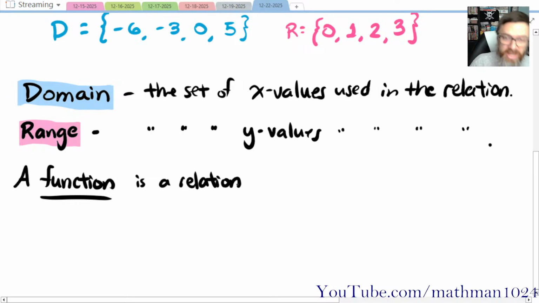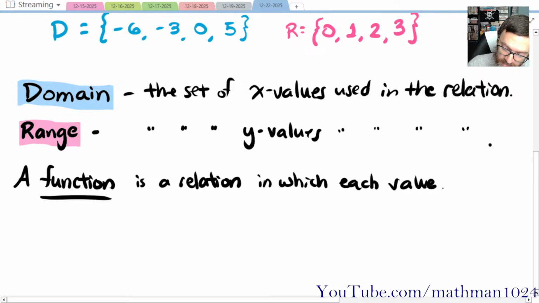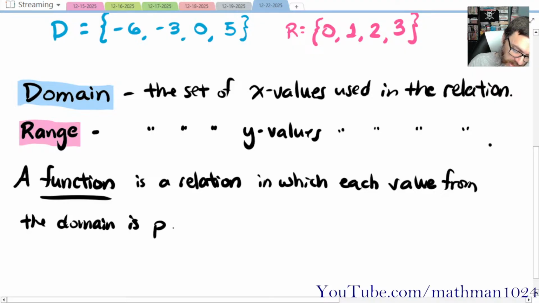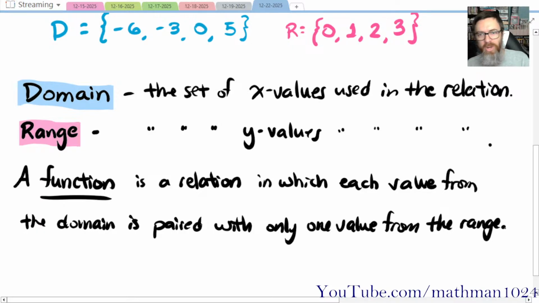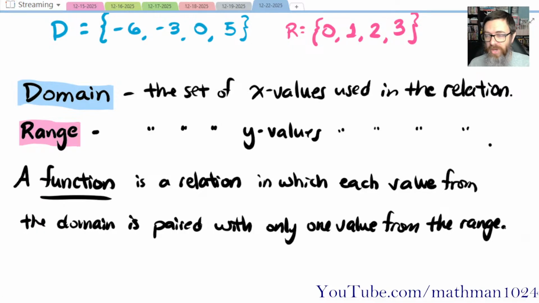So it is a collection of ordered pairs, but it's a relation in which each value from the domain is paired with only one value from the range. So it is a relation where each value from the domain is paired with only one value from the range.